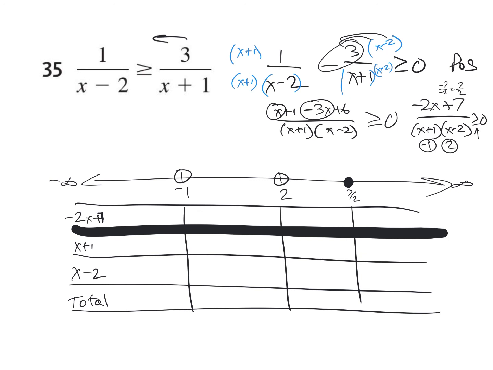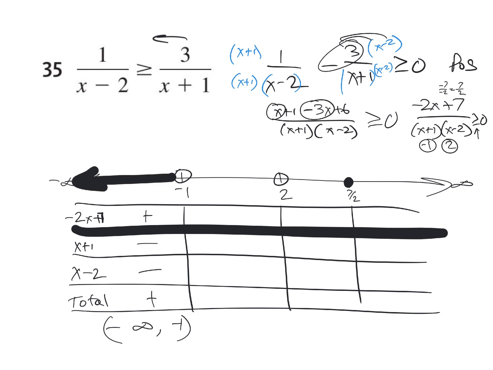Less than negative 1. Let's put it in. How about negative 1,000? Times a negative 2 makes it positive 2,000. That's going to be positive on the top. Negative 1,000 plus 1 is negative. Negative 1,000 minus 2 is negative. So we're going to have a positive left of negative 1. So from negative infinity to negative 1, not including negative 1, that's going to be shaded in.